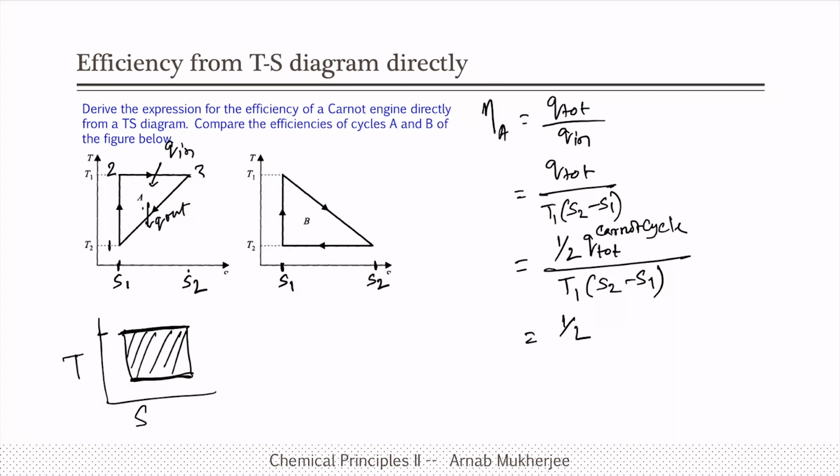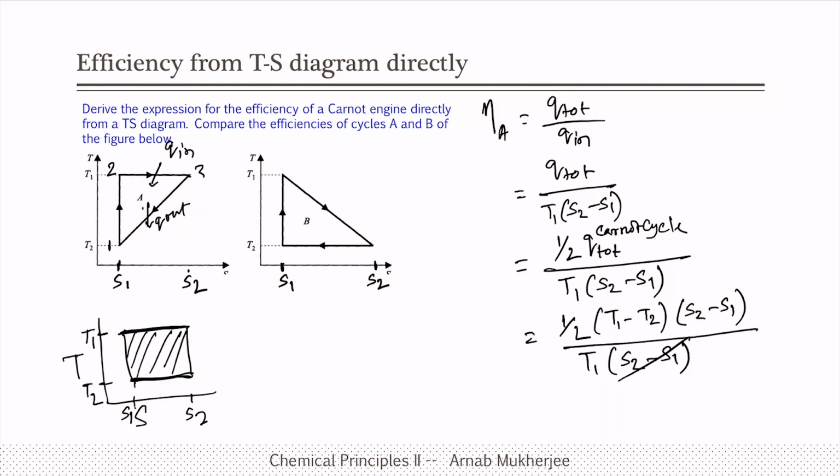Again from here you can see this is T 1, this is T 2, this is S 1 and this is S 2. So, therefore, it is T 1 minus T 2 multiplied by S 2 minus S 1 divided by T 1 times S 2 minus S 1. S 2 minus S 1 cancels, giving us half of T 1 minus T 2 by T 1, it is half of 1 minus T 2 by T 1.